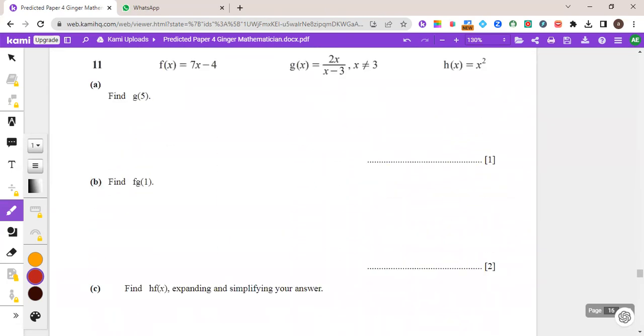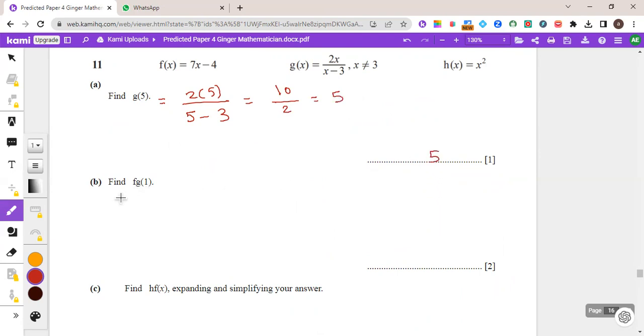Okay, so Ahmed Wael, let's go. It will be 2 multiplied by 5 divided by 5 minus 3. Yes, it will be 10 over 2 equals 5, so the answer is 5.